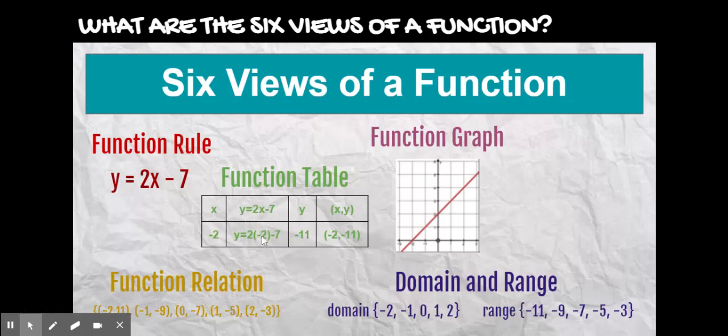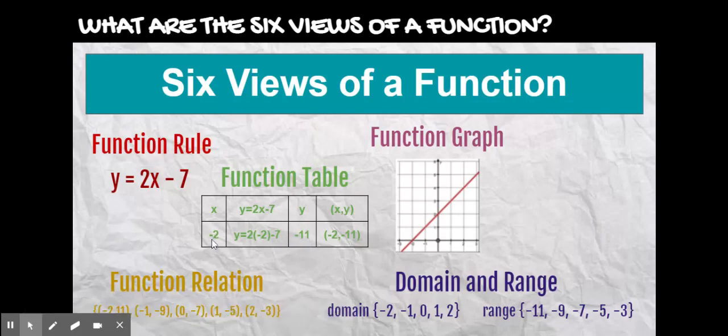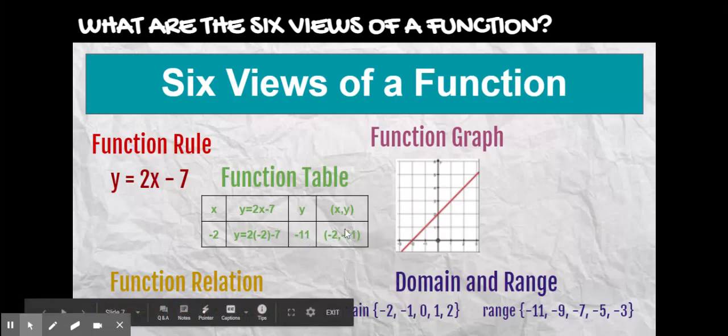And then we're putting in the input into each of those x values, and we're processing and simplifying that equation to figure out what is the output value for that specific input value. Once we know that -2 produces a -11, we can state that as an ordered pair. So we do have 4 columns in our function table, and we'll be working with those.